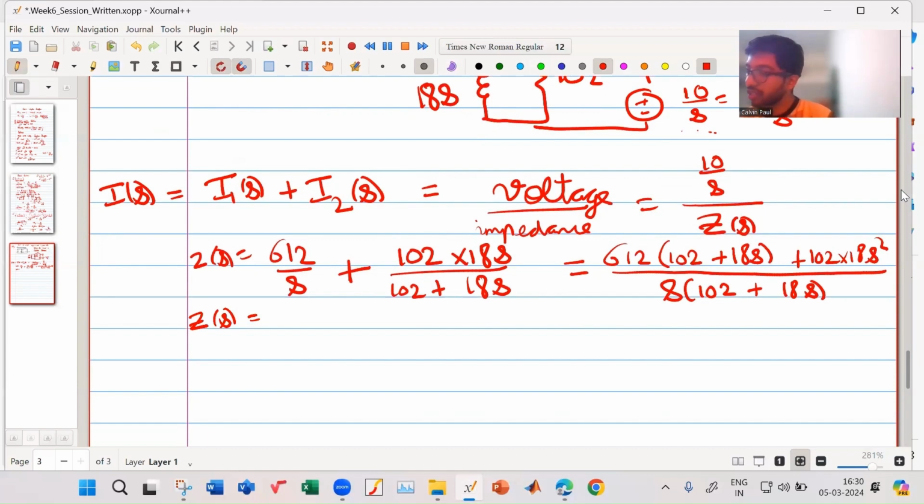What is 102 into 18? So Z of S is equal to 1836 S square, plus 612 into 18, that is 11016 S, plus 612 into 102.